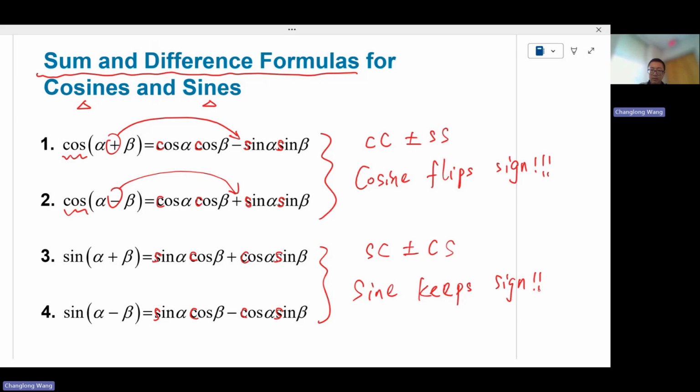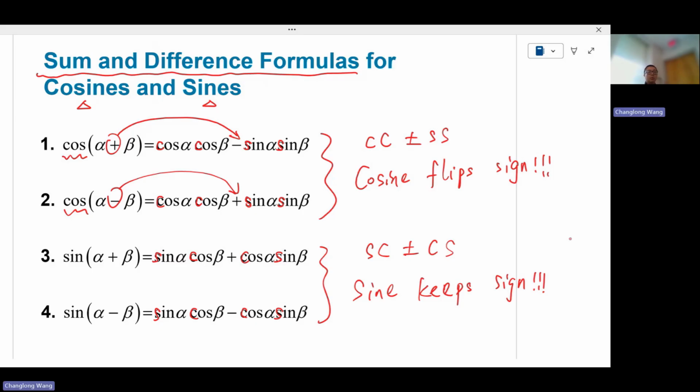That's probably not too bad to remember, because to me, I don't really see any difference in pronouncing sine function and mathematical sign. For some reason, it's close enough for you to remember, hey, sine keeps the sign. So if the angles are adding, then you are adding the products of SC and CS. If it's a minus, it's minus again.